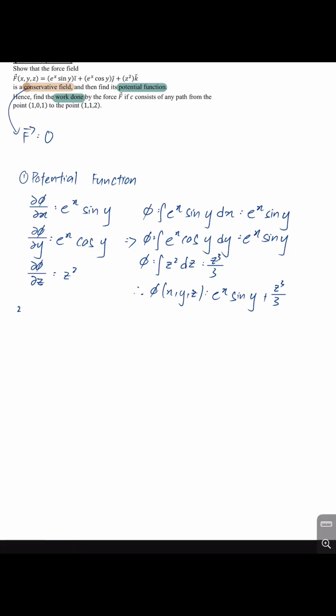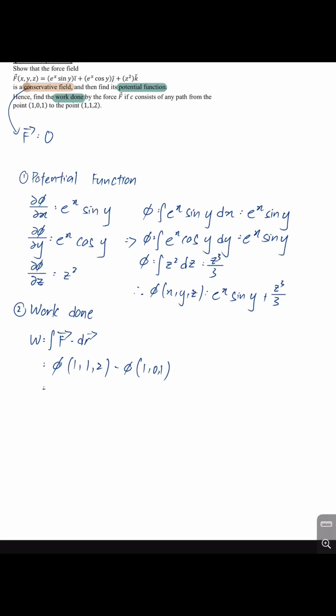Step 2, we will find the work done. The formula for work done is the integration of vector F with respect to r. So now we will use the potential function at (1, 1, 2) minus the potential function at (1, 0, 1).